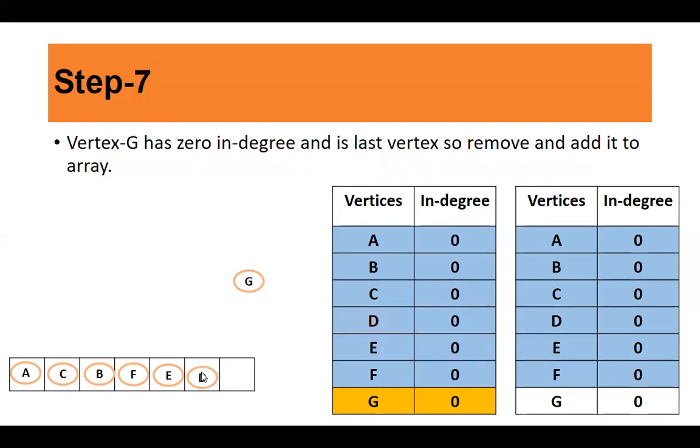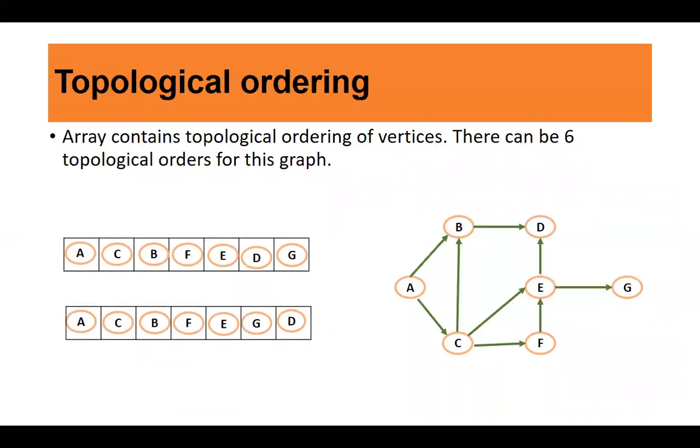Now G is the last vertex with in degree 0, and also the last vertex in the list, so just remove it and add it to the array. There are no updates here because it is not associated with any vertex. Now this is what you get as a topological sort of the given graph. Instead of D, if you select G, then this is the topological sort you get.